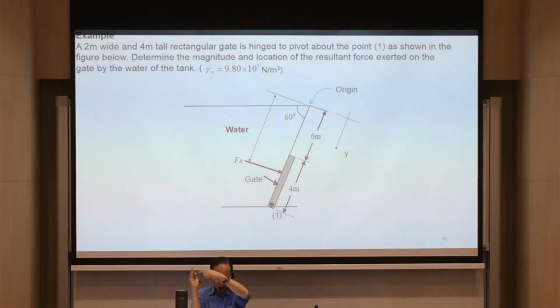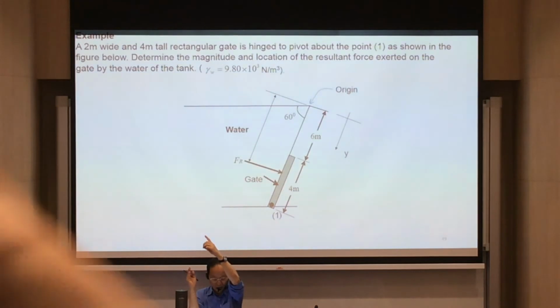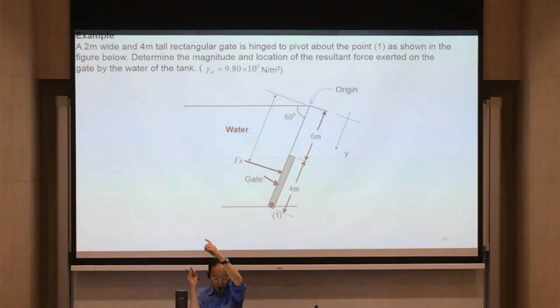And the distance of the bottom corner of the gate from the water surface will be 6 meters plus 4 meters, which is 10 meters. So then, let's apply what we just learned. How to find FR?